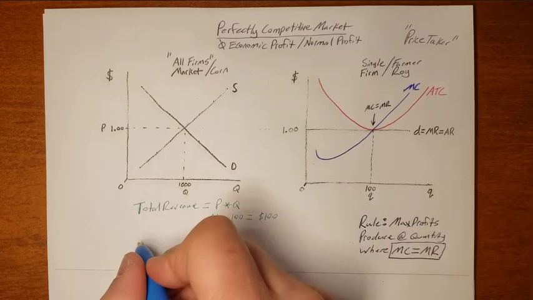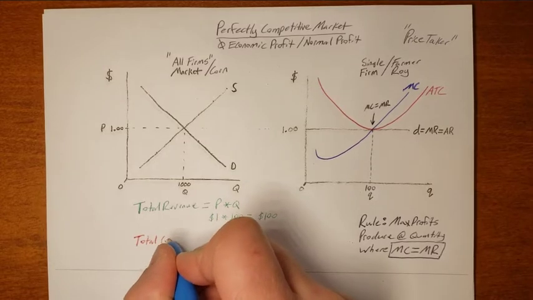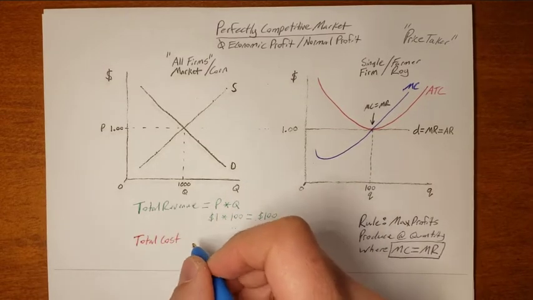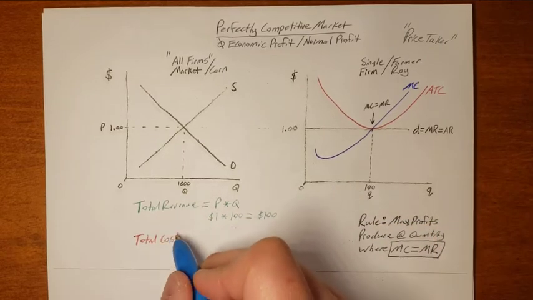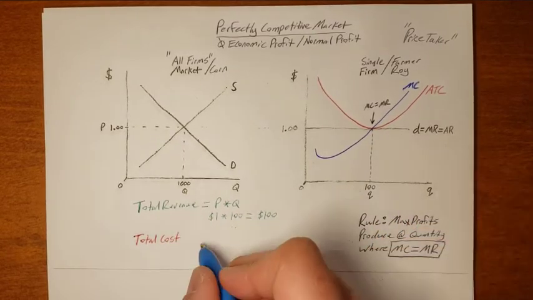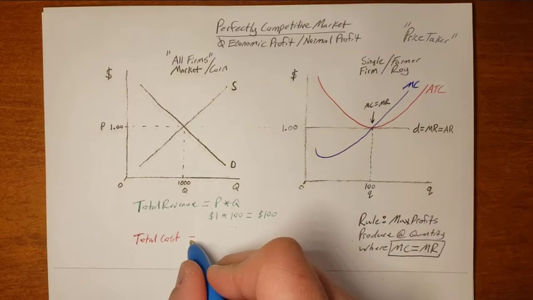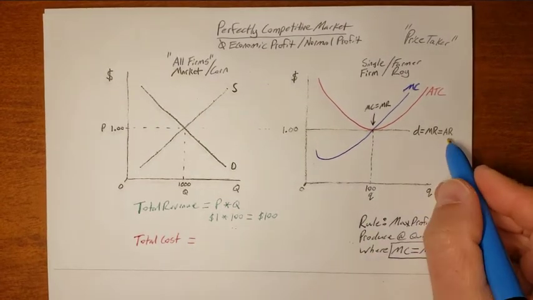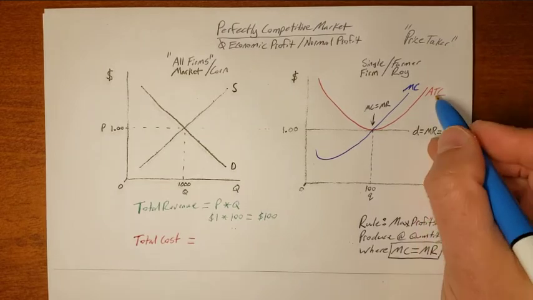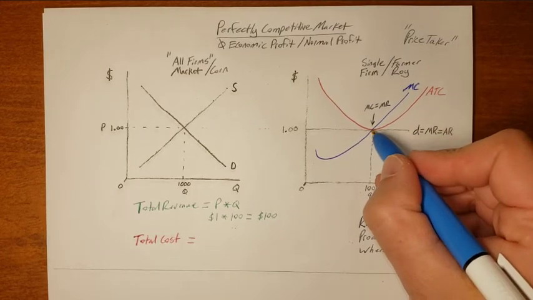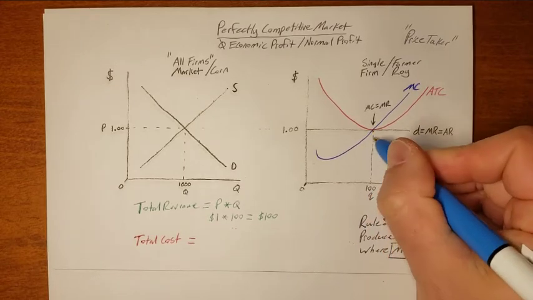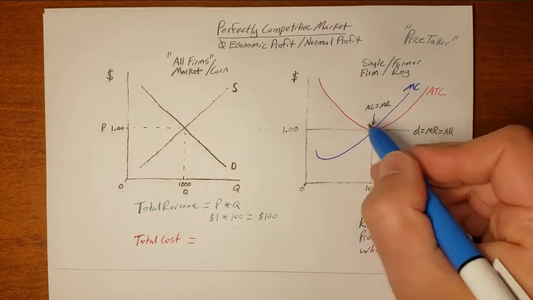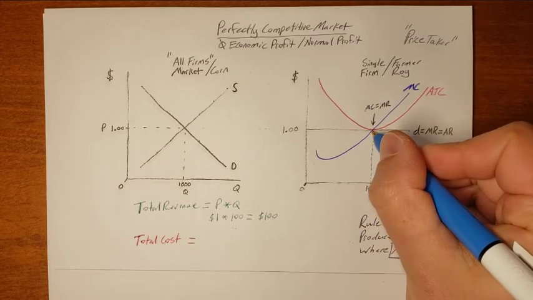We also want to talk about the total cost, because the formula to determine the profit is to take the total revenue and subtract the total cost. Okay, so the total cost is going to be, in this case, we're going to look at the average cost. And the average cost, we can find it here on the average total cost curve. So the average total cost at the quantity that we're producing, not here, but at the quantity of 100.